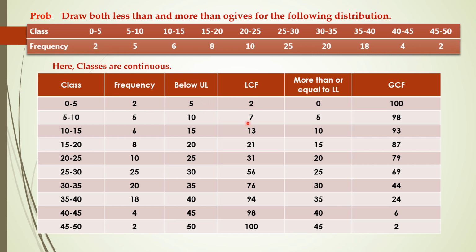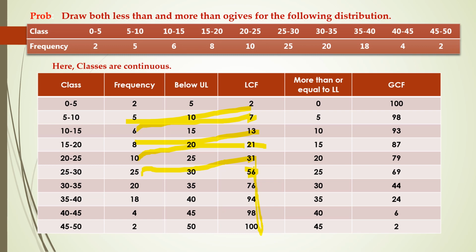Then 2 plus 5 is 7, 7 plus 6 is 13, 13 plus 8 is 21, 21 plus 10 is 31, 31 plus 25 is 56. In this way you can calculate the remaining cumulative frequencies.